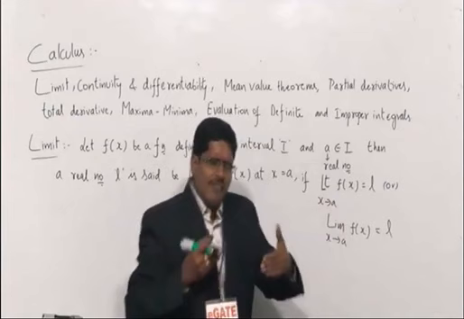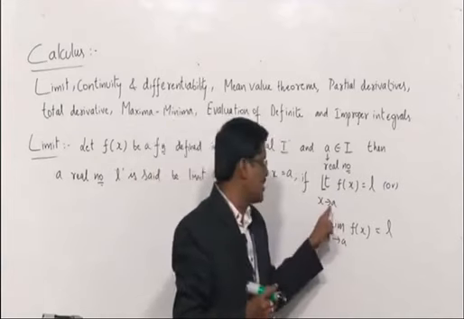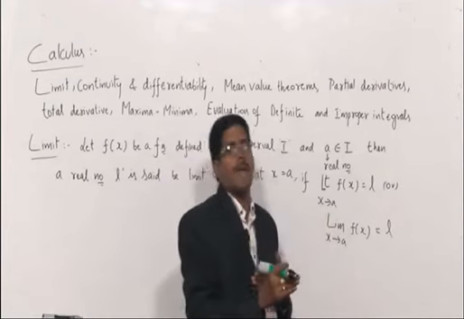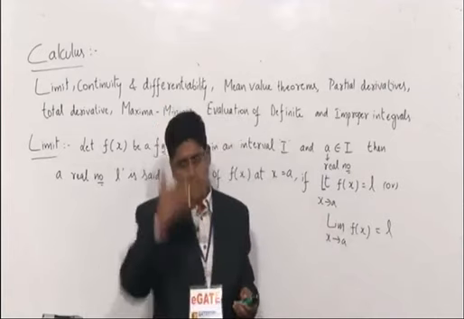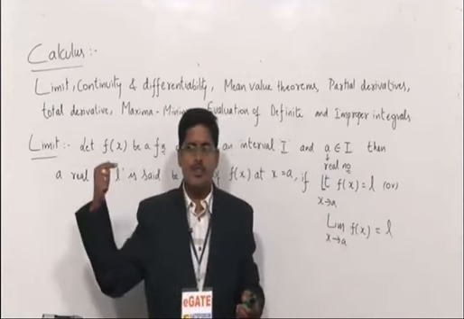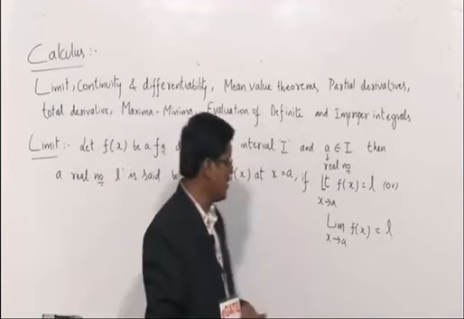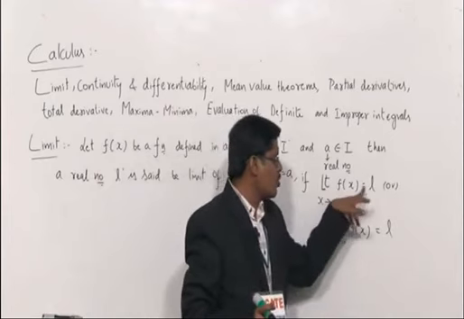That means either the left side closer to a or the right side closer to a, but not exactly a. Here tends to a means x value is not equal to a. So approaching a in real numbers means either left hand side or right hand side. Okay. So whenever x is very close to a, then f(x) is also close to L.